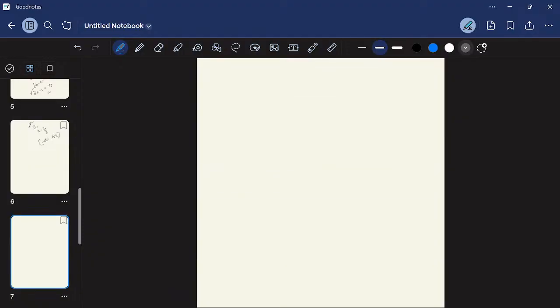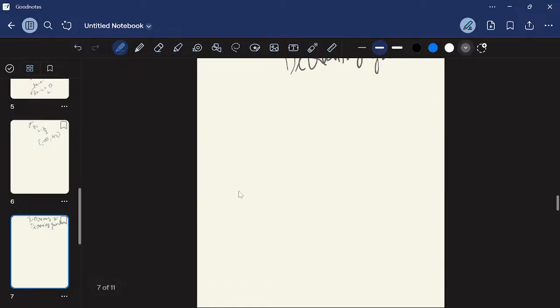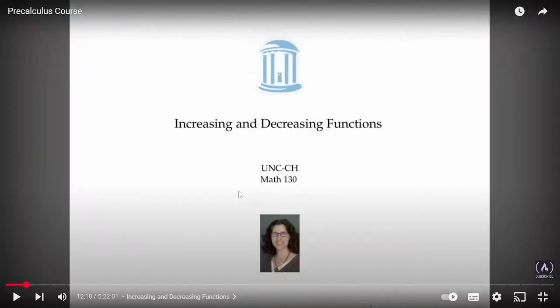This is at the heart of everything that we're going to learn. Oh, okay, increasing and decreasing functions. I'm going to grab my coffee really quick.